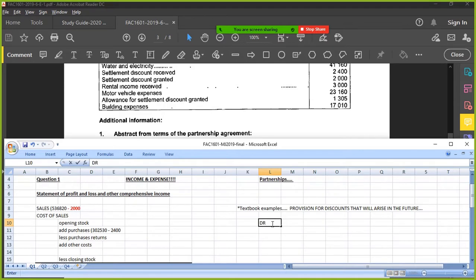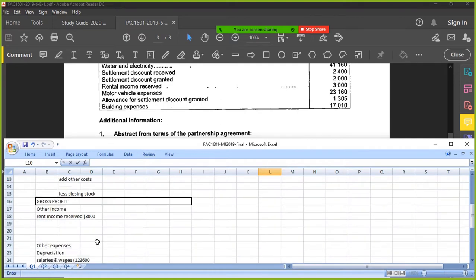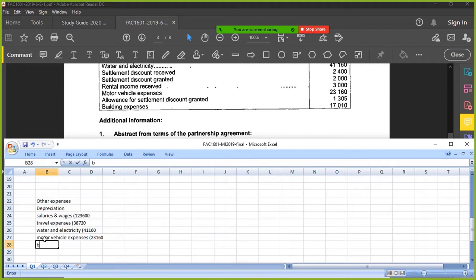So this allowance would have been created by debiting the discount and crediting the allowance. Does that make sense? Okay. Yes. Yeah, I know we've covered it. We did do it. There were some initial examples when we did partnerships that covered that. Just go back and have a look at those examples, or just follow with this one.